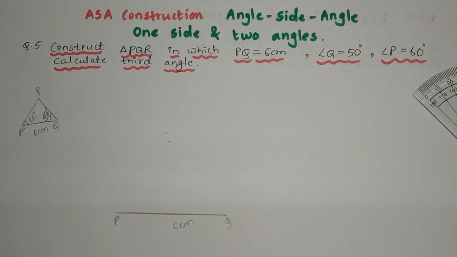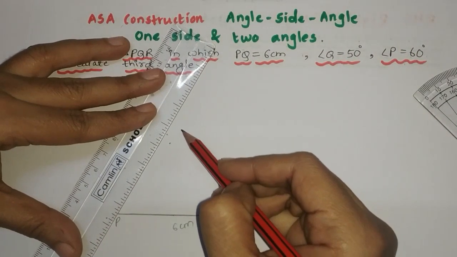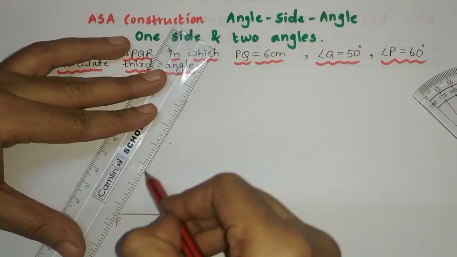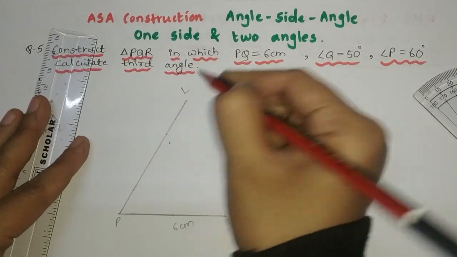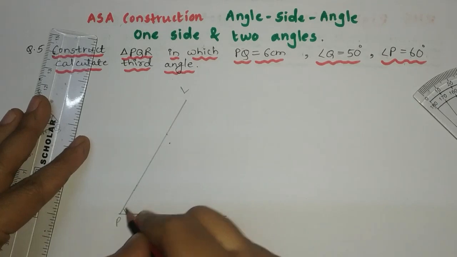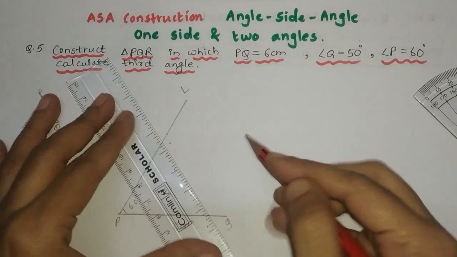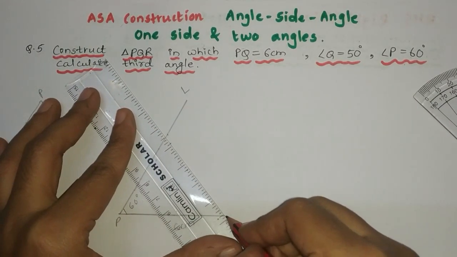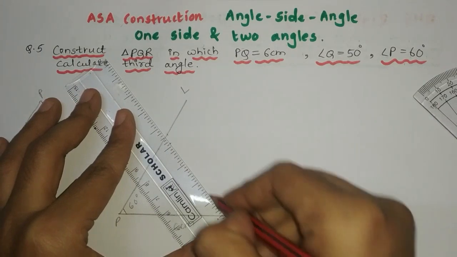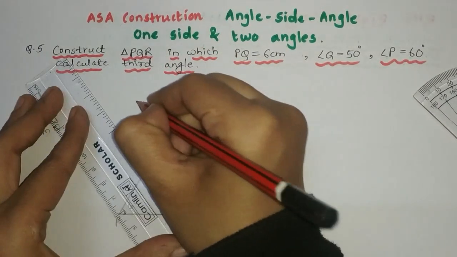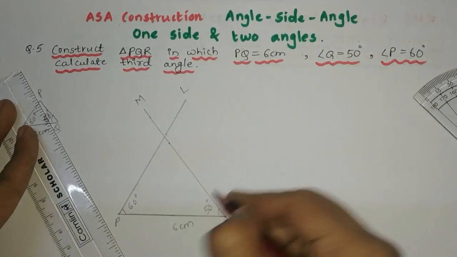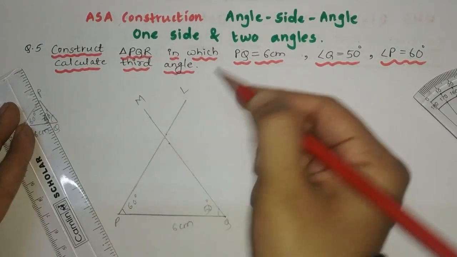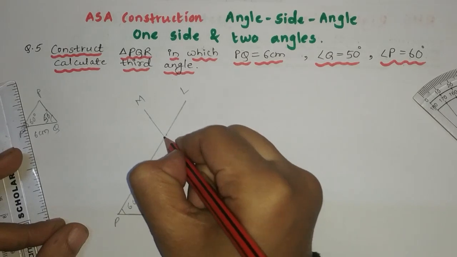So first we'll join this line, let it be PL, making 60 degree. And now at Q we have marked here 50 degree. So we'll also take it long. Suppose this is M and this is going to make 50 degree. So the point which we got here is nothing but R of the triangle PQR.